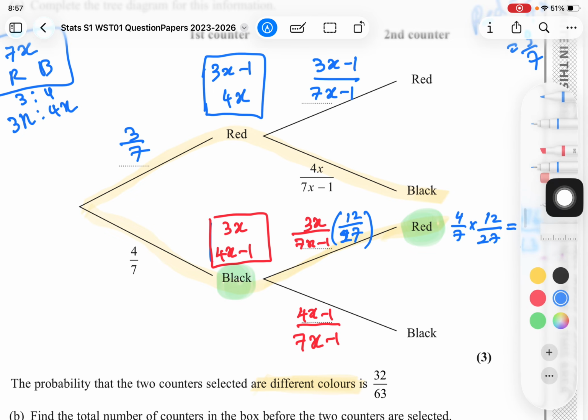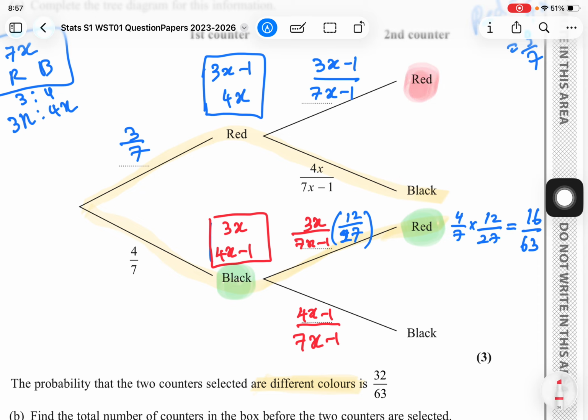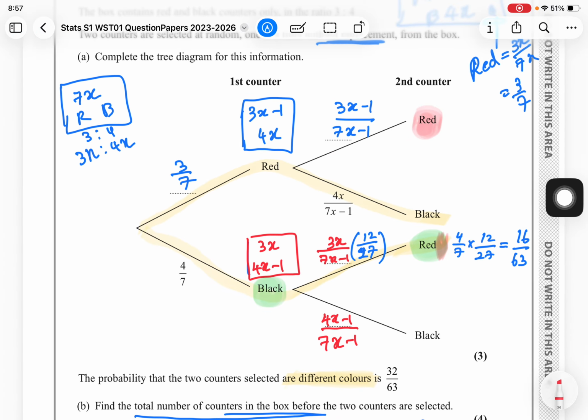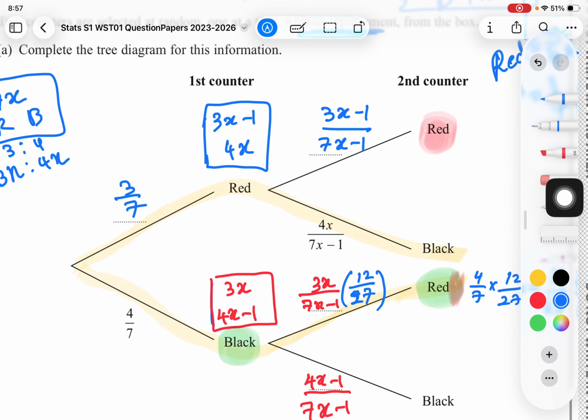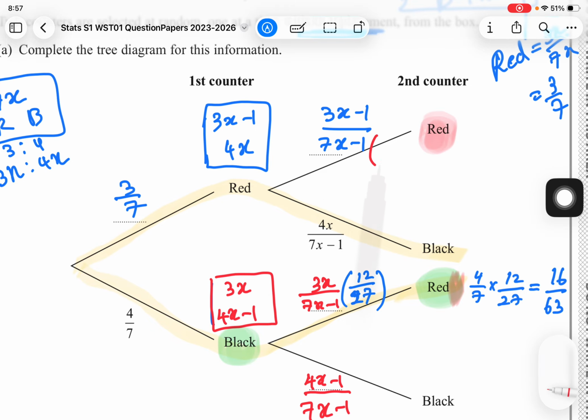And the second scenario was getting a red. If you think about getting a red, we only care about getting a red in the last space. We really don't mind what we got in the first attempt. So if I check the numbers, on the red branch it would be 11 divided by 27.